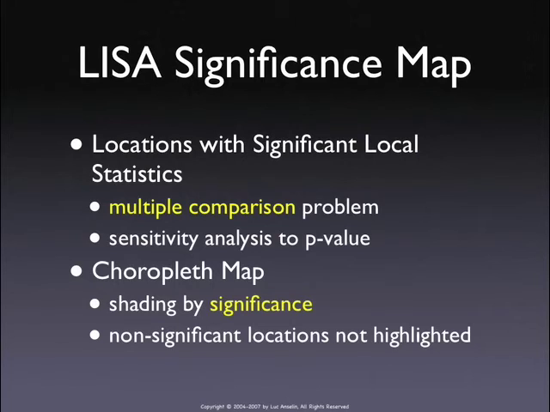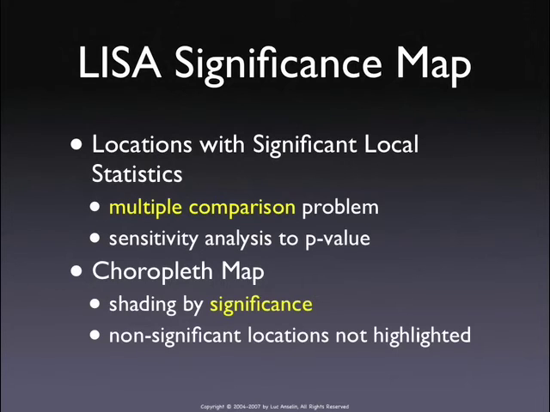You should never do that. 0 is 0. 0 doesn't have a sign. So when you cannot reject a null that it's equal to 0, then it is 0. Then there's no point discussing the sign or anything like that. Same here. If you cannot reject a null that it's spatially random, then it is spatially random and of no interest to you whatsoever in terms of clusters or outliers. So that is the principle behind this LISA significance map.